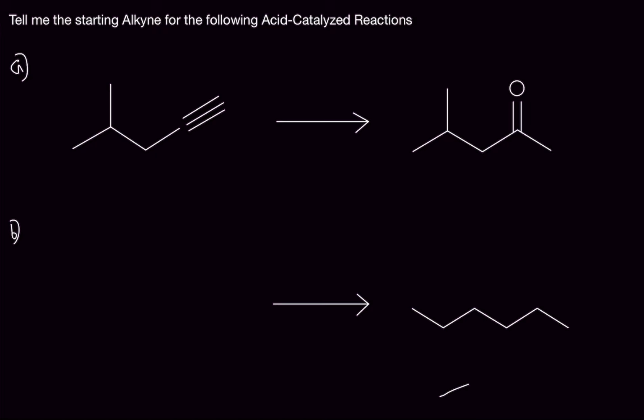So we'll do it like this. 1, 2, 3, 4. We have 4 in a row. Perfect. And now just draw the rest of the molecule, and you'll notice it is symmetric. Ta-da! And that's the answer.